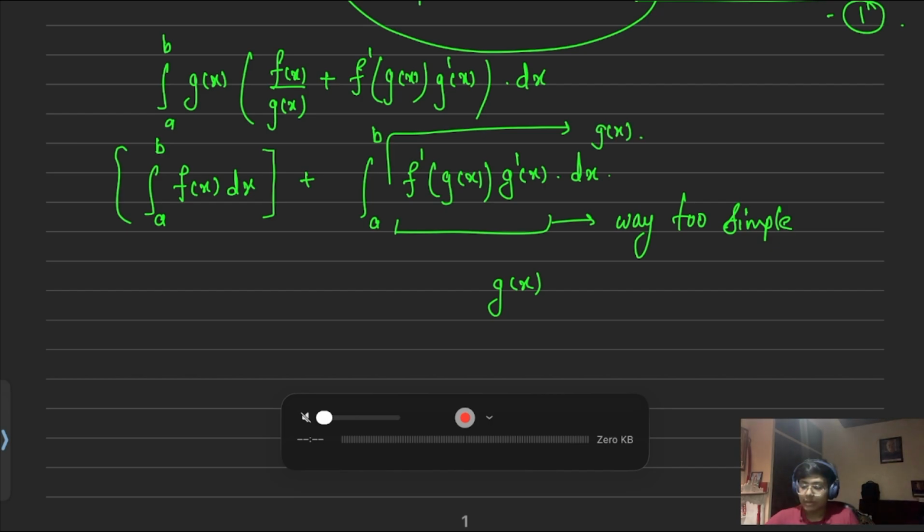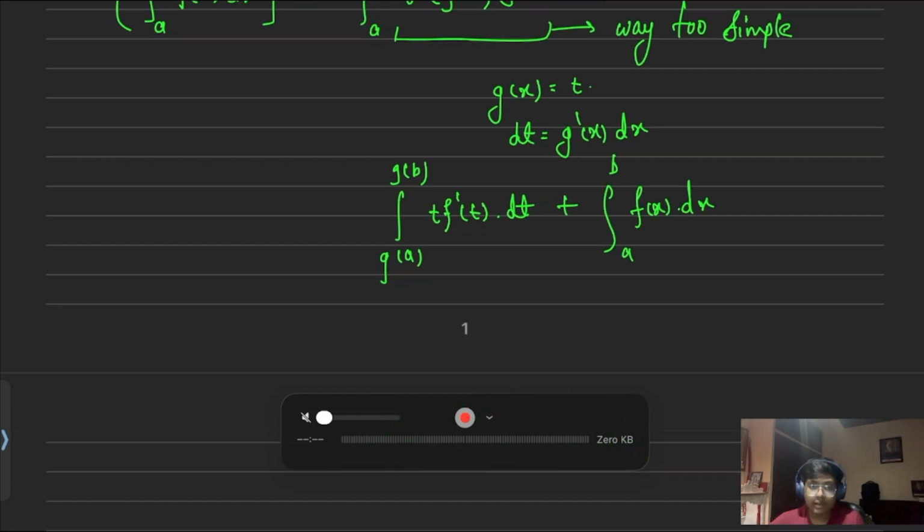Now we'll just put g(x) as t, and if we differentiate both sides, we get dt is equal to g dash(x) dx. Now it is very simple to solve this integral. Since x is going from a to b, t goes from g(a) to g(b), and this will turn into t f dash(t) dt, plus this separate part that we were talking about.